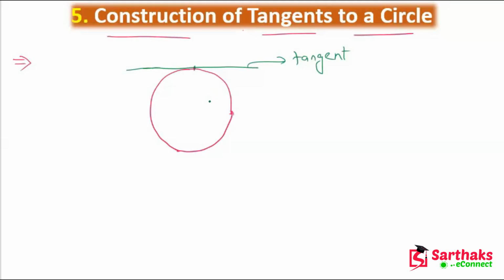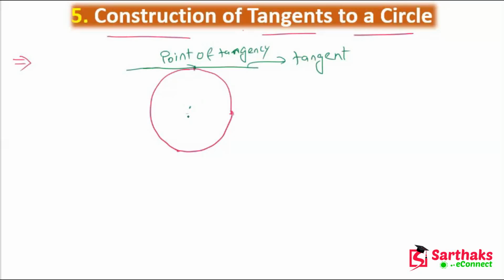This point is called the point of tangency. The tangent to a circle is also defined as the perpendicular to the radius at the point of tangency.